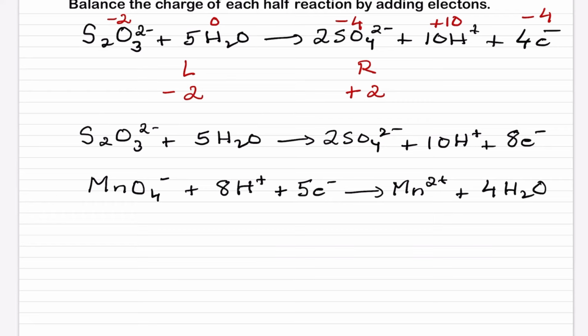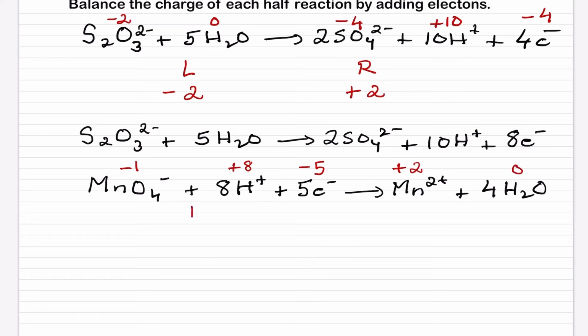So let's see the overall charge on each. MnO4 has a charge of -1. 8H+ have a charge of +8. 5 electrons, each 1 electron is -1, so 5 will be -5. Mn has a charge of +2, and H2O has no charge because it is an individual compound.